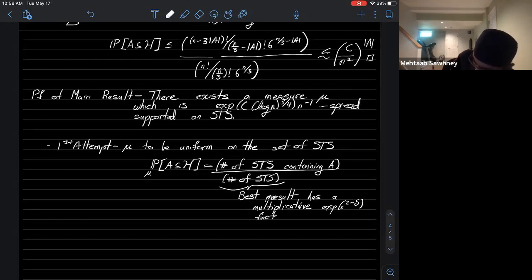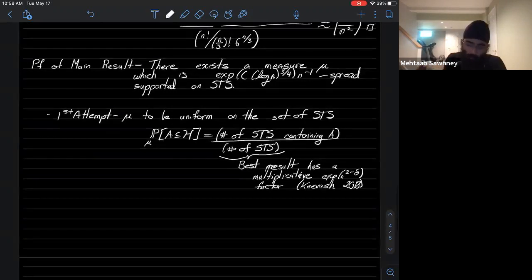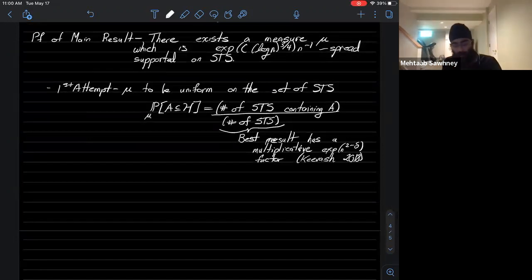And this is difficult work of Keevash, which itself was resolving an old conjecture of Wilson. So not only do we not know the number of STSs that well, we really know it up to a multiplicative factor, and even that's hard. And you would need to know this for STSs containing a subset. So this appears hard. So the thing we actually do is we specify a way of constructing a random STS, which by construction is well spread.